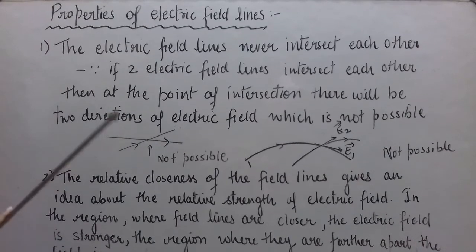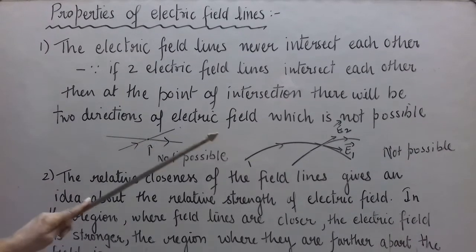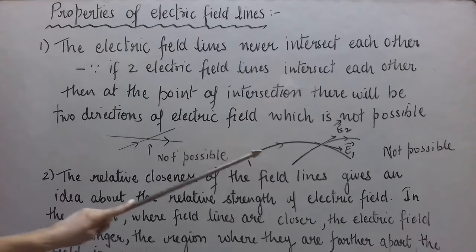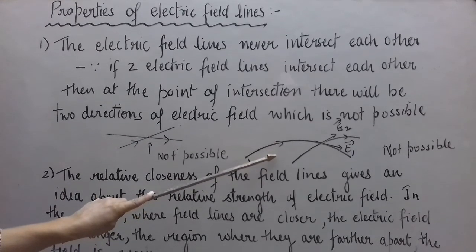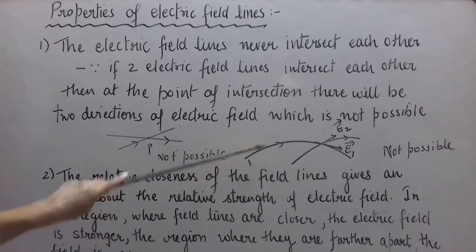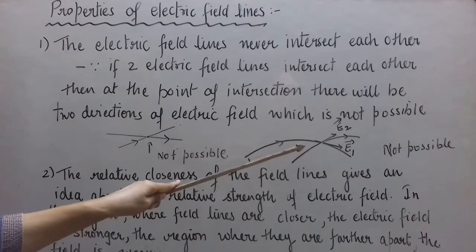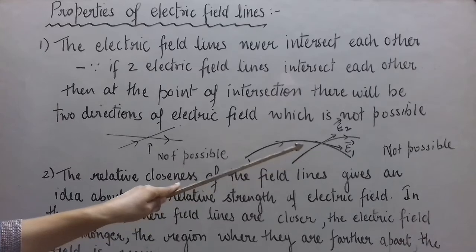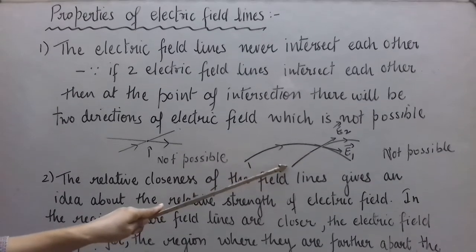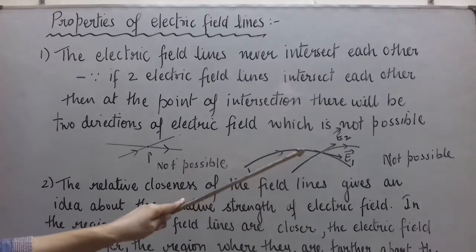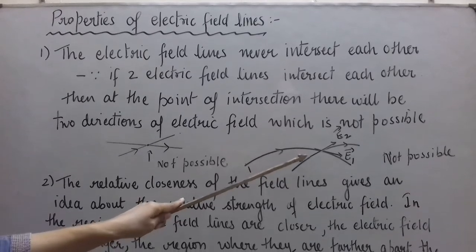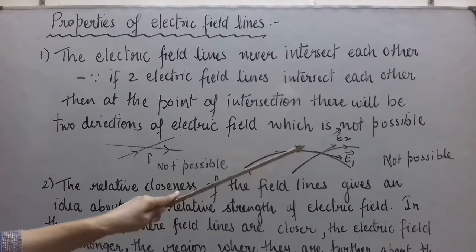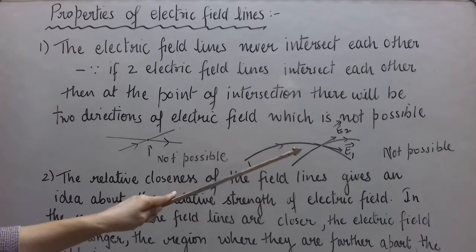Similarly here, if we have two electric field lines intersecting, whether they are straight or curved, in this case when they are curved, due to this line, at this point of intersection, draw the tangent. So this will be the direction of electric field at that point, and due to the second electric field line, if we draw the tangent at the point of intersection, this E2 bar, this tangent gives the direction of the electric field at that point.